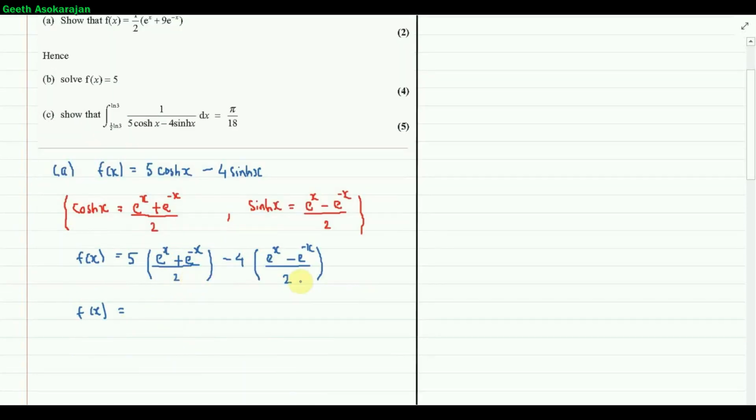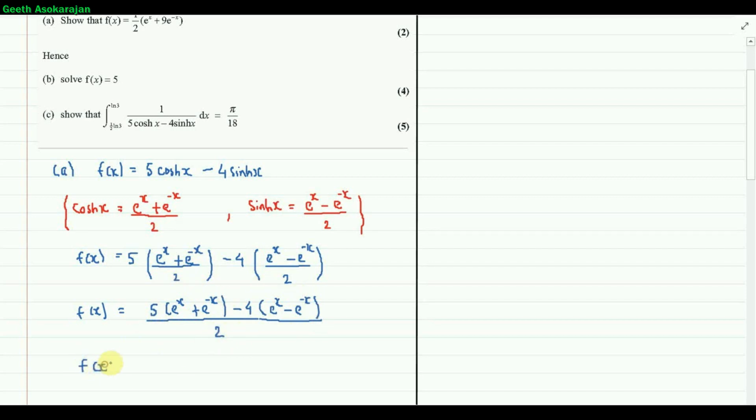So if I take a common denominator of 2, in the numerator we'll have 5 into e to the x plus e to the minus x, minus the 4 into e to the x minus e to the minus x. This is what you should have upon taking a common denominator of 2.